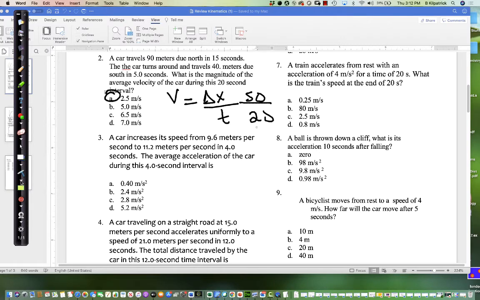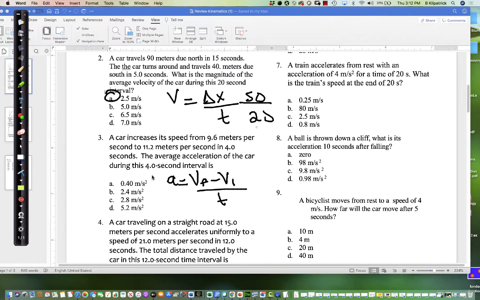so a car increases its speed from 9.6 meters per second to 11.2 meters per second in 4 seconds. What is the average acceleration for the car during the 4 seconds? Well, what's acceleration equal to? Yeah, so the change in velocity divided by the change in time.